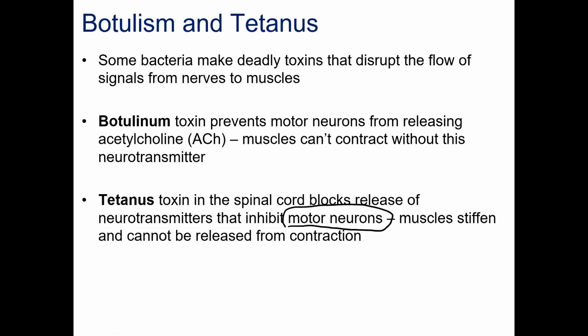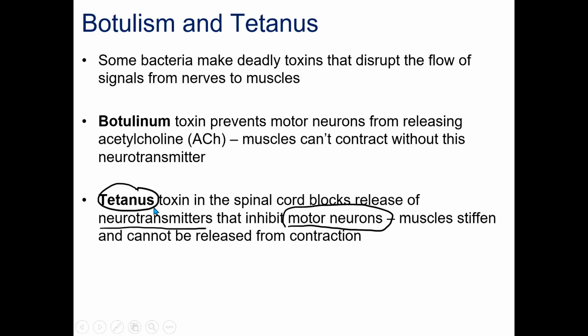Okay, but obviously let's say you want to pick up something, so you contract your bicep, and afterwards when you put the object down, you need the bicep muscle to relax, right? Okay, so you will need something to inhibit those motor neurons. But in the presence of tetanus, the neurotransmitter that is supposed to inhibit the motor neuron is being blocked, okay?